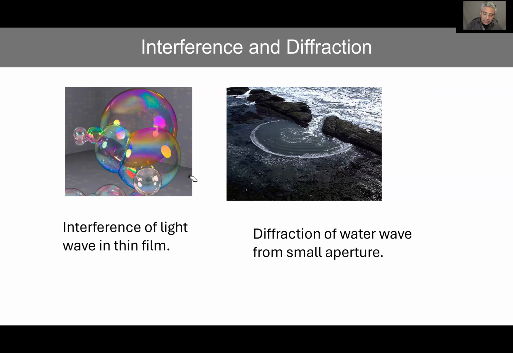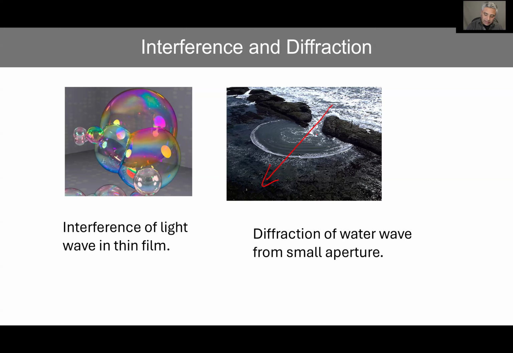Okay, and diffraction and interference are not that much different. We deal with them about the same way. But when we look at something like this, it's hard to see light diffracting. But you see here, what happens? Often we say, okay, the waves propagate in a straight line.